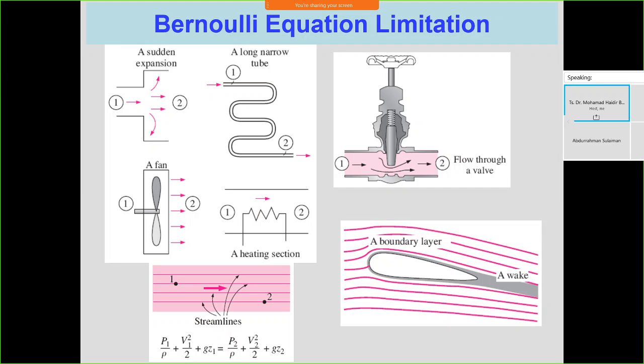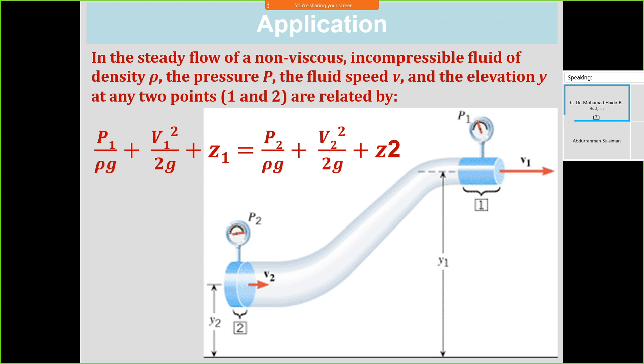Bernoulli equation limitation. For this part, a long narrow tube, flow to a valve, heating or anything. In steady flow of a non-viscous incompressible fluid, the density, pressure, velocity and the elevation at two points are related by this equation. I hope you have copied this equation.